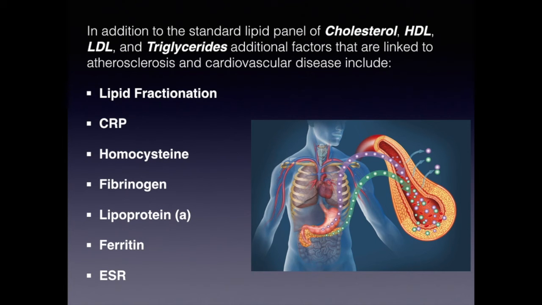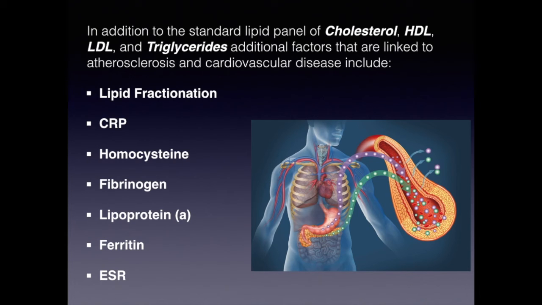So we monitor our cardiovascular risk not by the standard lipid panel that's run on your yearly checkup that consists of cholesterol, HDL, LDL, and triglycerides, but we monitor it with all the other biomarkers that I have listed here. And this is really important because recent statistics demonstrate that patients with perfect levels of cholesterol, HDL, LDL, and triglycerides, up to 50% of them will continue to go on and suffer from a cardiovascular related event like a heart attack or stroke.